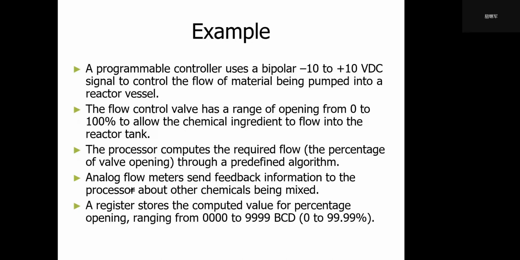Let's give you an example. A programmable controller uses a bipolar minus 10 to plus 10 VDC signal to control the flow of material being pumped into a reactor vessel.